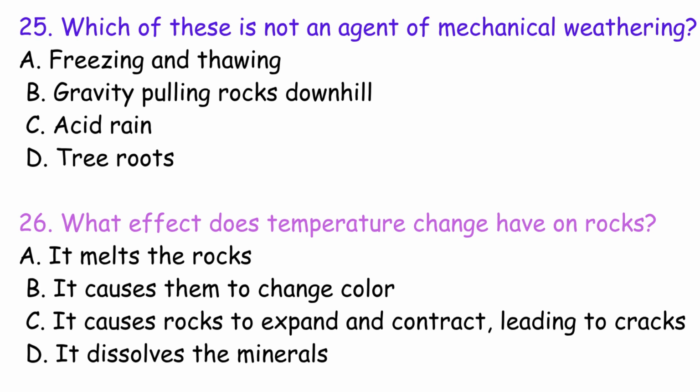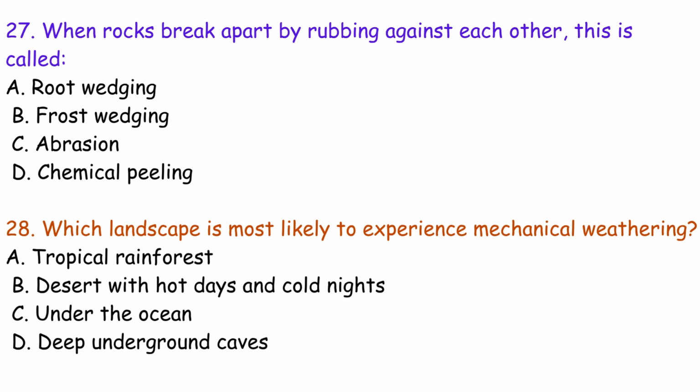C. It causes rocks to expand and contract, leading to cracks. D. It dissolves the minerals. 27. When rocks break apart by rubbing against each other, this is called A. Root wedging. B. Frost wedging. C. Abrasion. D. Chemical peeling.